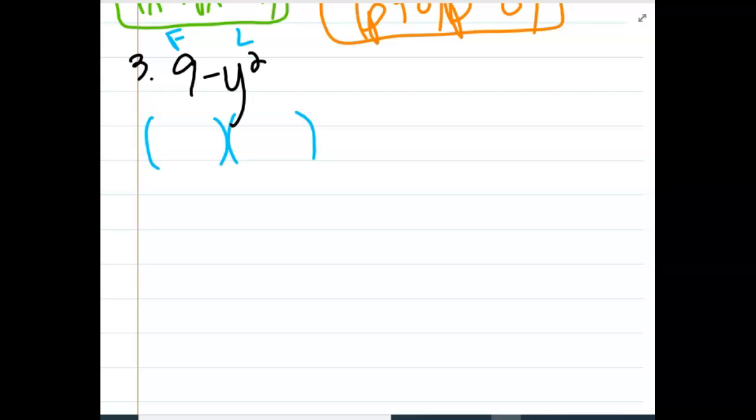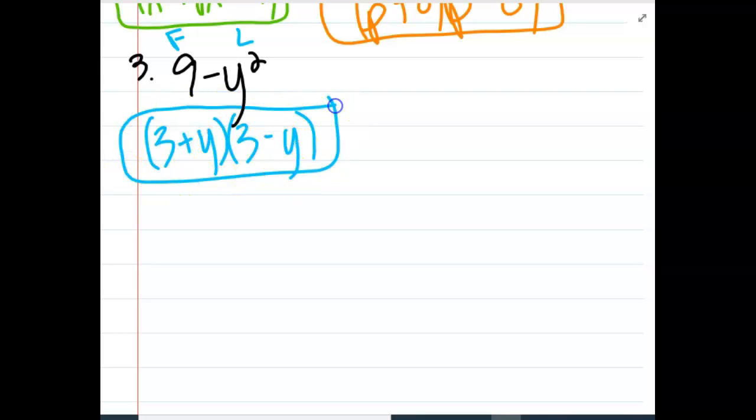So what times what gives me 9? 3. That 3 has to go in the front. What times what gives me a negative y squared? It's just a plus y and a minus y. Same thing, just the y's at the end.